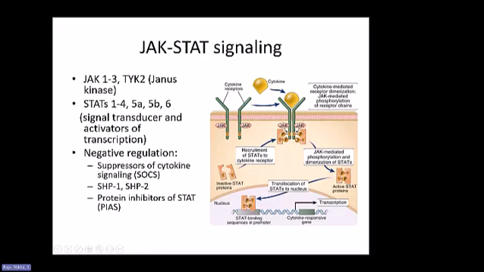They recruit 2 STATs that get phosphorylated, and the 2 phosphorylated STAT molecules dimerize together. That whole complex of 2 STAT molecules can translocate to the nucleus, where they help with transcription of genes. So say IL-2 gets attached, there is transcription of the genes that will help in T cell proliferation and survival.